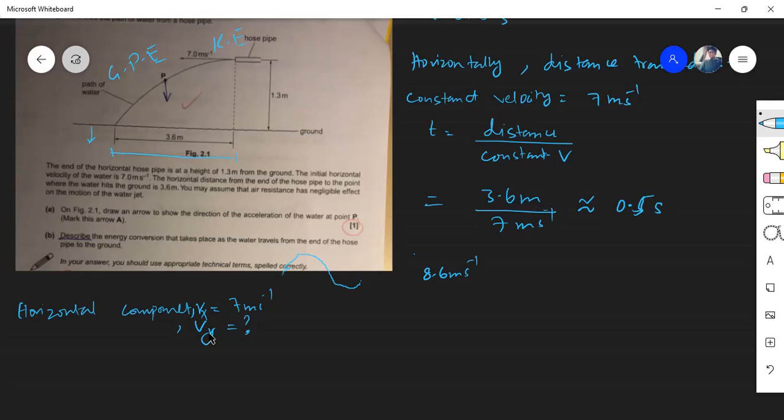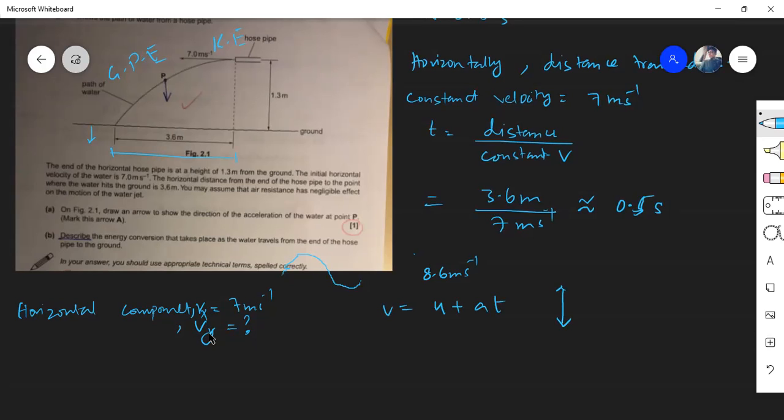So we'll use an equation which perfectly suits our working, which is v equals u plus at, and we apply it to the vertical components of the velocity of water as it moves down from the hose to the ground.